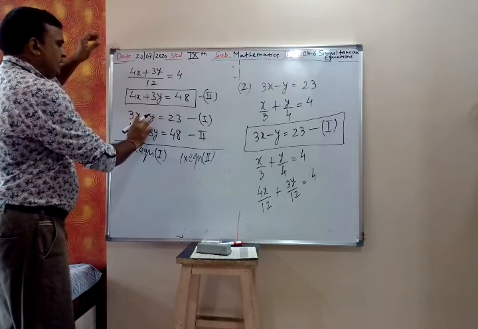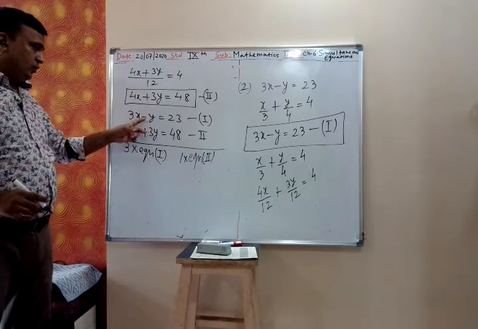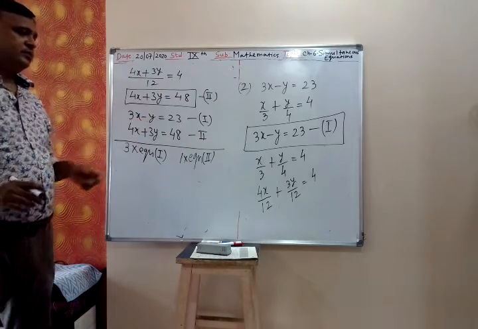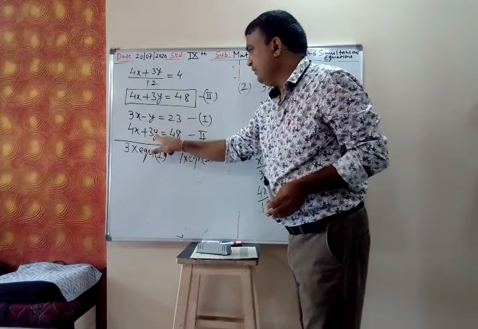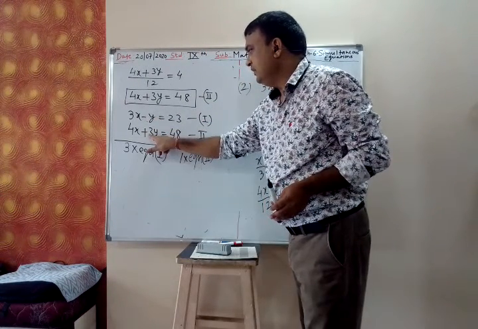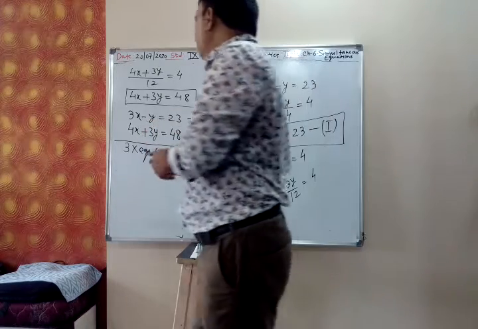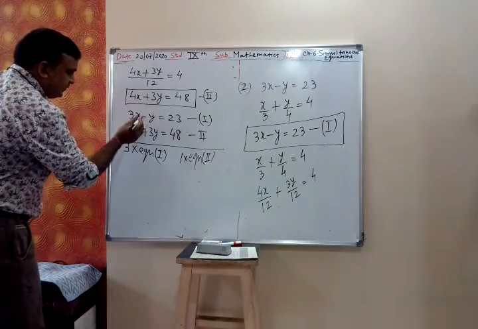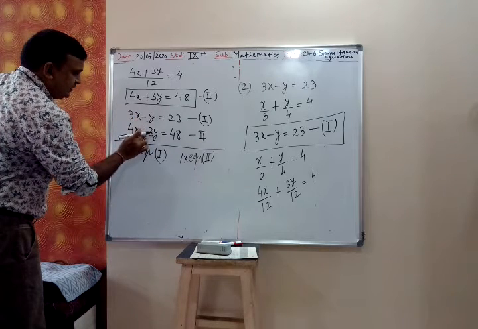Now you tell me, what is the sign of y? Minus. Now what is the sign of 3y? Plus. So they have opposite sign, yes or no? This is minus y, and this is plus.